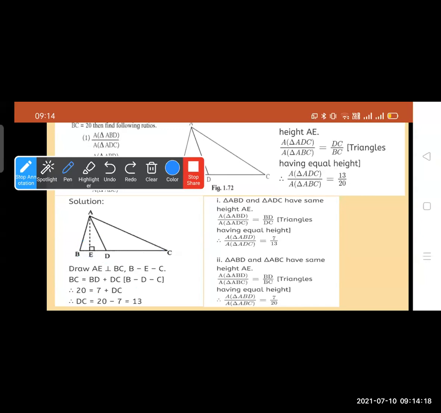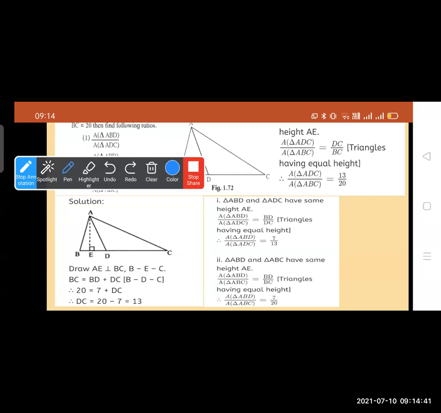In which triangles? In triangles ABD and ADC. In these, the height is common and the base is different. If the height is common and the base is different, then we find the ratio using the formula B1 by B2.